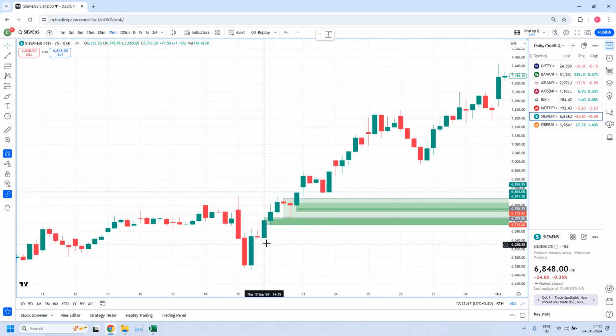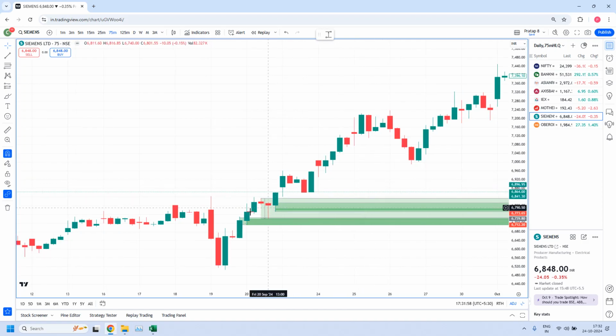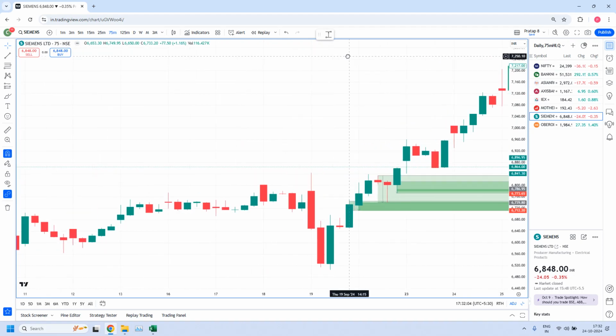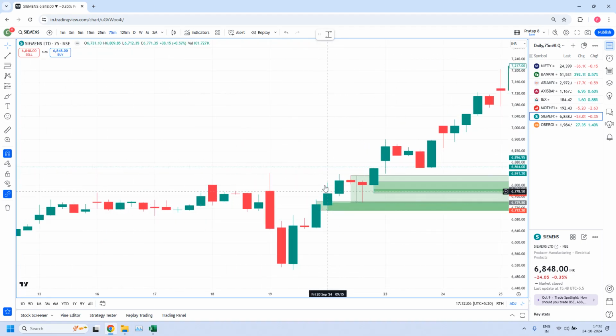We have a rally candle, 4 base candles and a rally candle. Oh, sorry, maybe this is the one: rally, 2 base candles and rally. Or as per the software, maybe this is a rally and 3 base candles and rally, because the zone has ended.